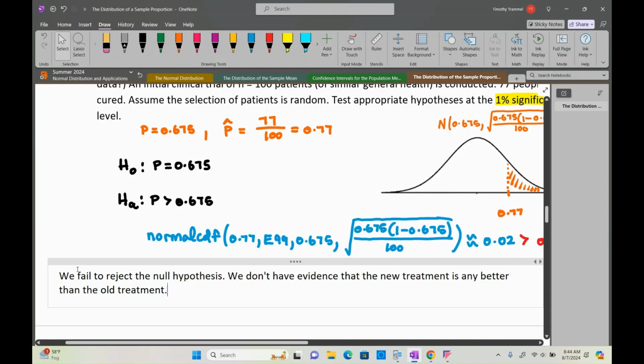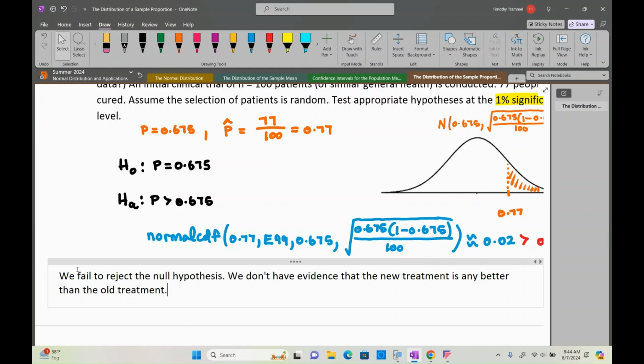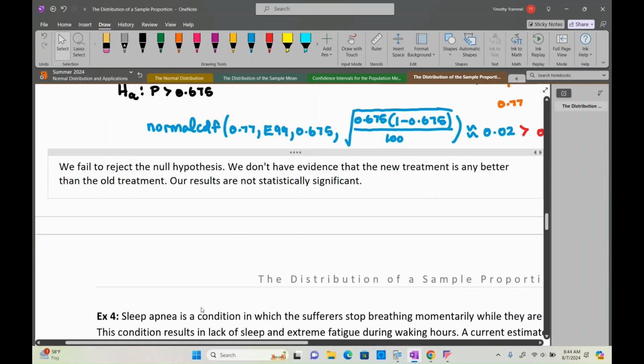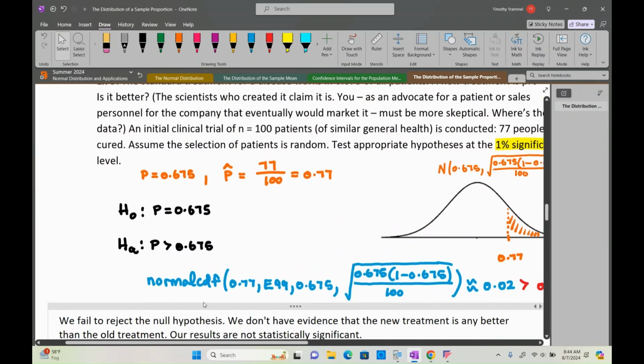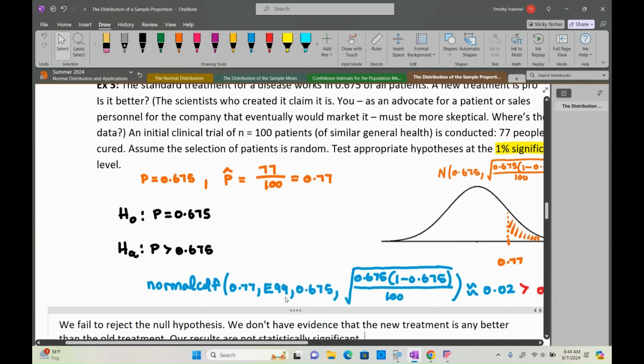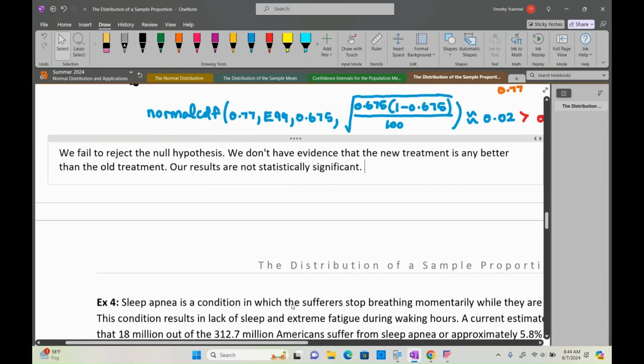And if we were to mention anything about statistical significance here, we would say that our results are not statistically significant. We did not change the status quo here. All right, well, let's go ahead and move on to the next hypothesis test here.